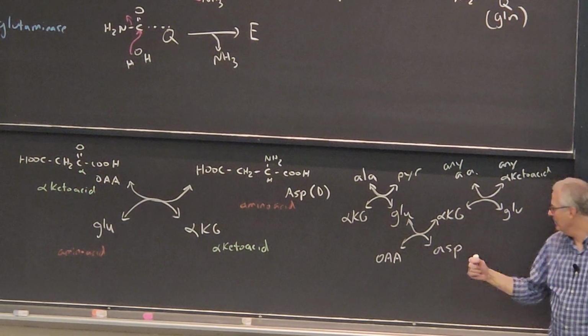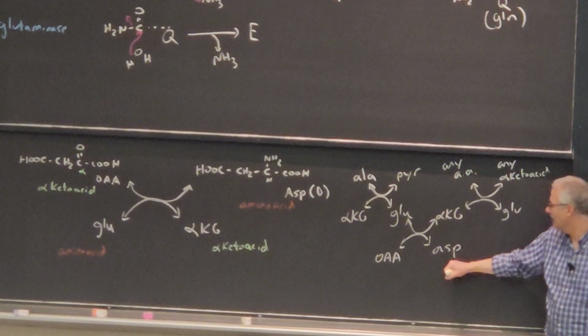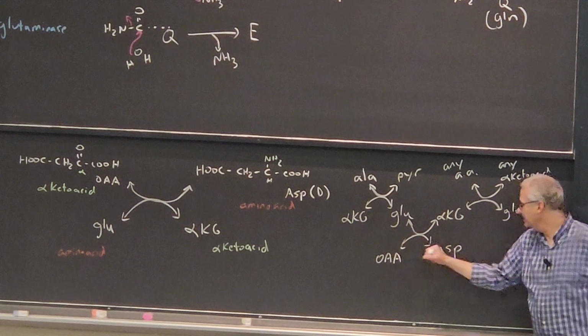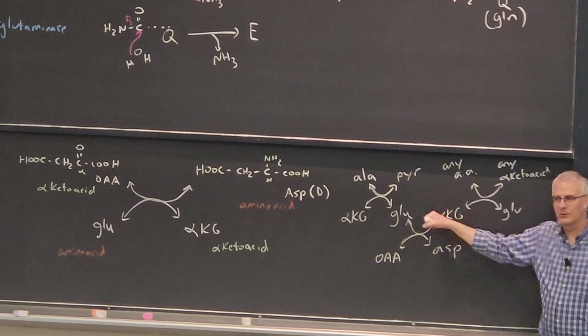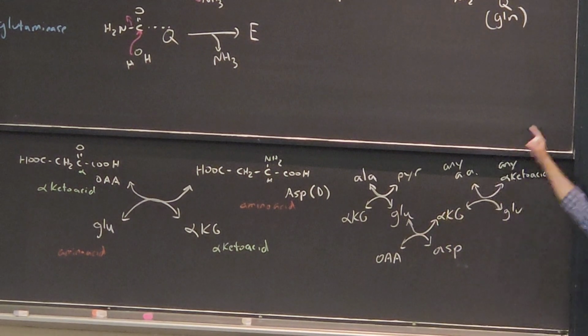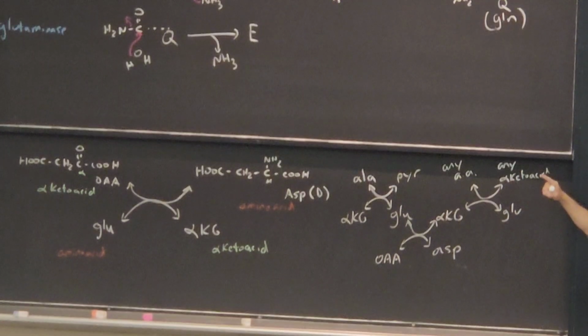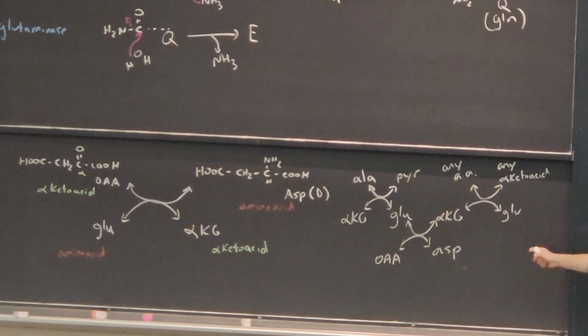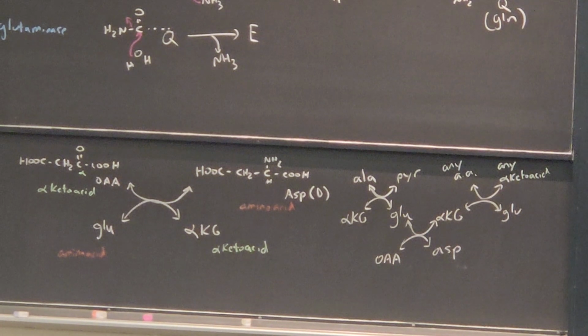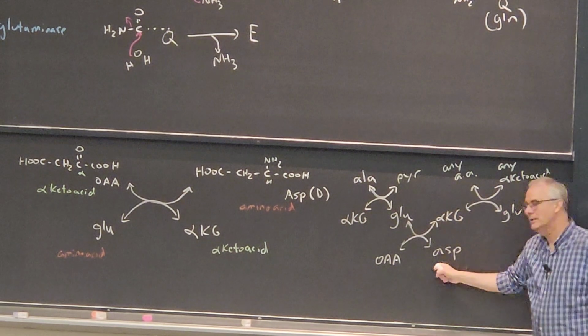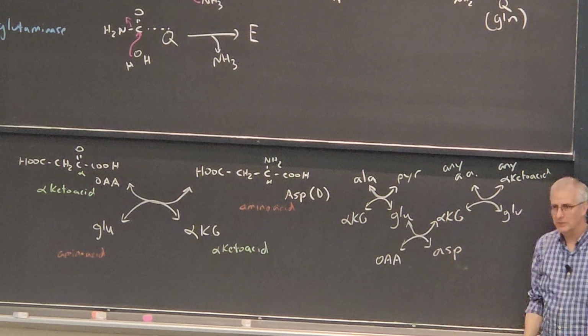So if I'm doing catabolism, and I want to catabolize my aspartate, well, I basically give the nitrogen to alpha ketoglutarate and make glutamate, and then glutamate can participate in that reversible glutamate dehydrogenase reaction, and that's how I can get ammonia. If I want to make aspartate, well, I put ammonia into glutamate by the glutamate dehydrogenase reaction, and now I can make aspartate.